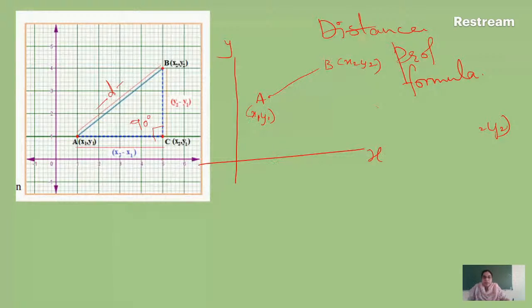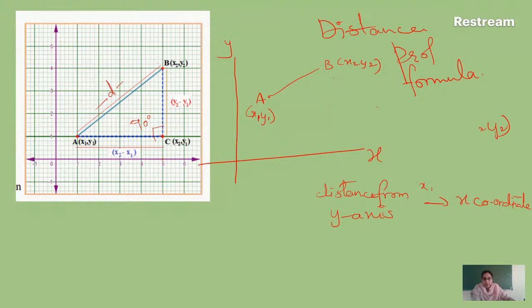Distance from the y-axis is always represented by the x coordinate, that is nothing but abscissa.